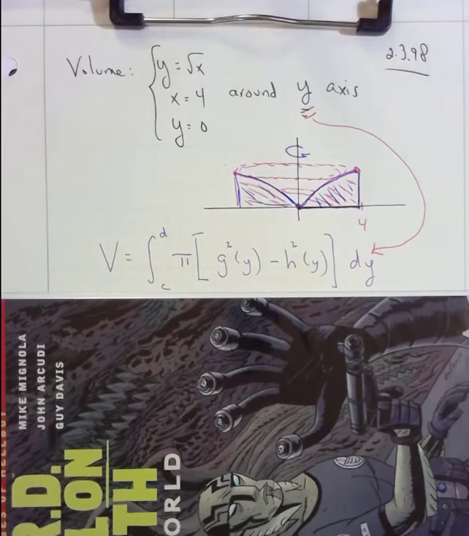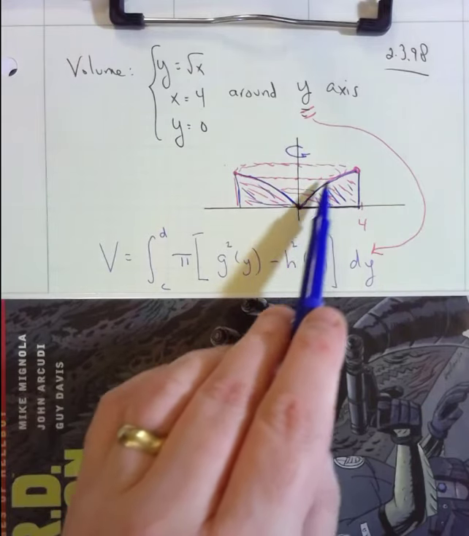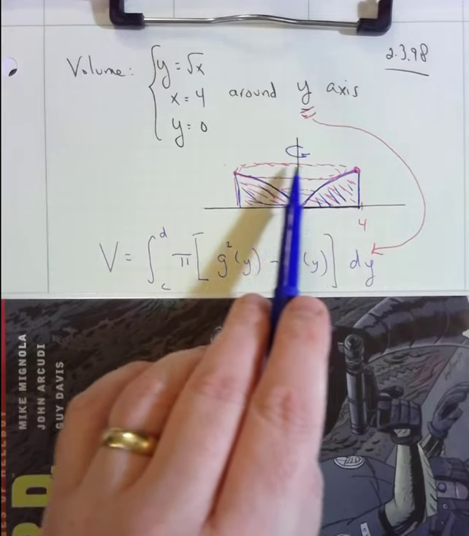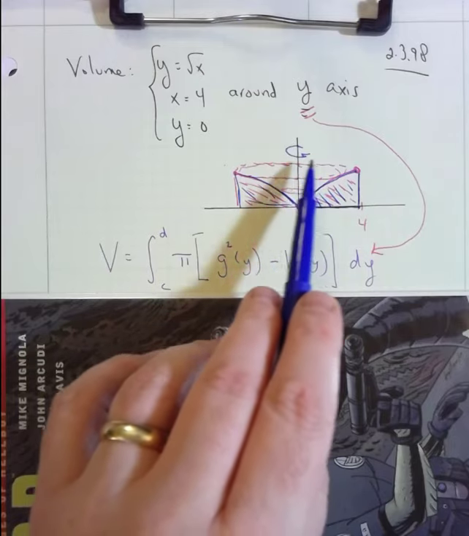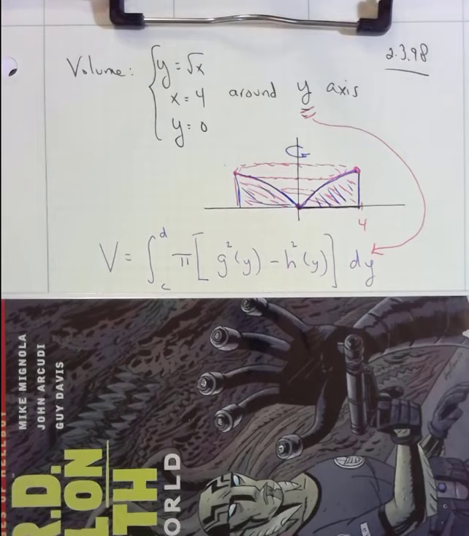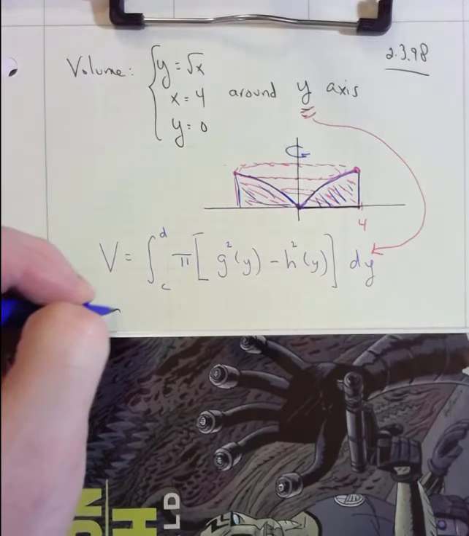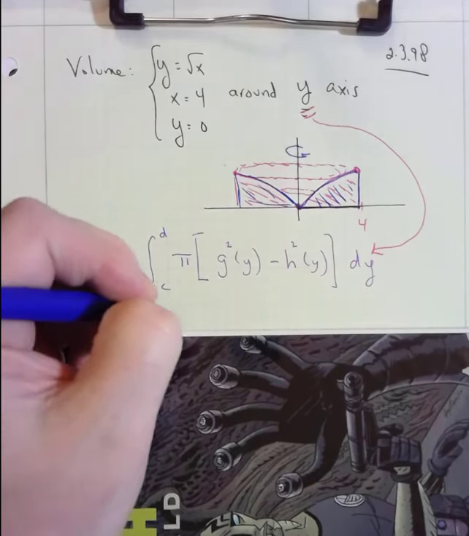And then there's an inside function which is being removed, because once we get rid of this that's inside the square root function, what we have left is the hollowed out cylinder. So we're going to integrate with respect to the y-axis, which means that our functions need to be written as x equals a function of y.